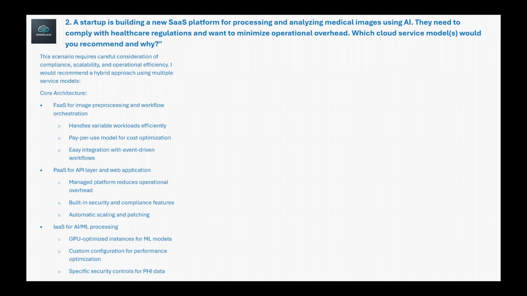And I would use IaaS for AI and ML processing, where it would give me the freedom and autonomy to choose GPU optimized instances for ML models, and have a custom configuration for performance optimization and specific security controls for PHI data to be compliant.